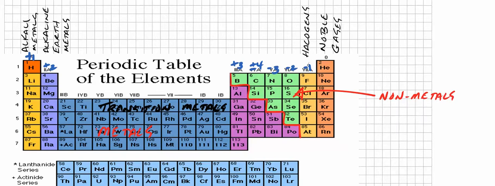Let's contrast that to atoms on the right side, like fluorine, chlorine, bromine, and so forth. Notice I've ignored noble gases in this discussion because noble gases don't lose or gain electrons. They have the noble gas configuration of the octet, all except for helium, which has 2, which also seems to be quite stable. But halogens, on the other hand, want to gain 1 electron. And if they do gain 1 electron, they'll get a charge of -1.